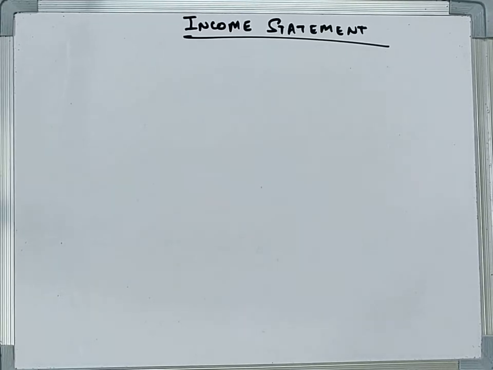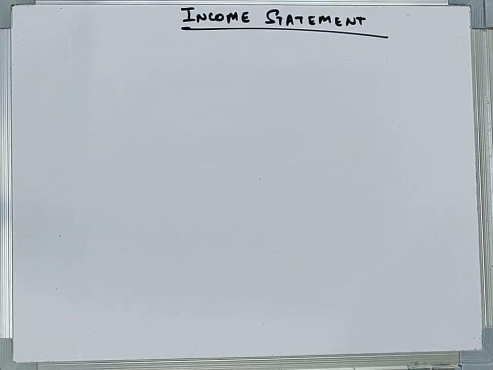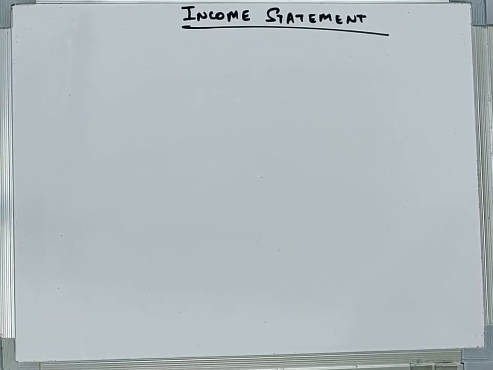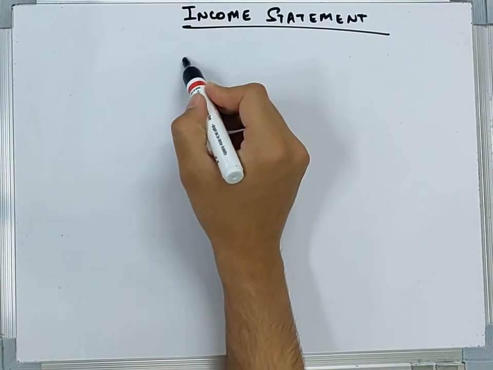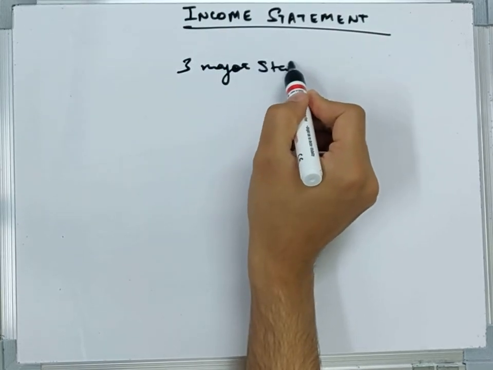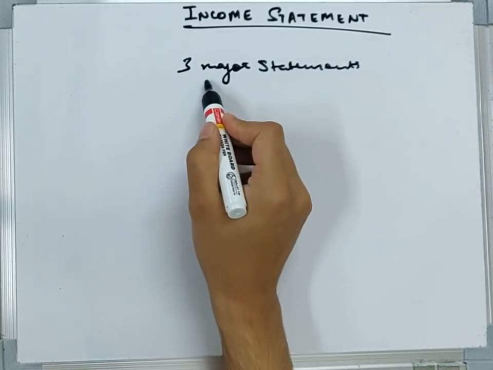Well, income statement or profit and loss statement is the statement of the business operations, income and expenses over the year. To start off, there are three major statements by which we can study a company.